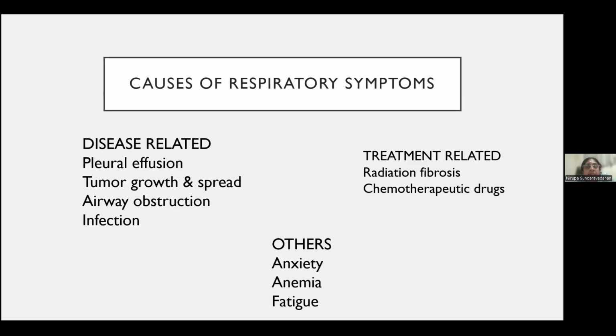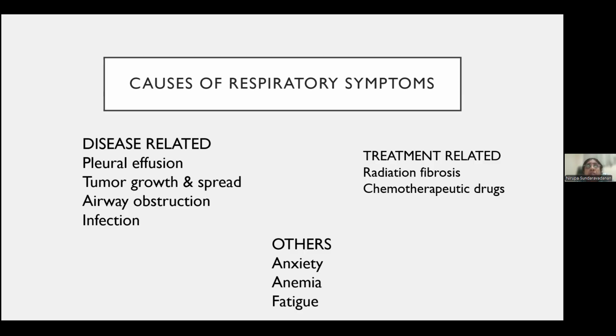So what causes the respiratory symptoms? It could be directly because of the disease, because of treatment, or due to other causes. Now, what are the disease-related causes? One is directly because of the tumor, its growth and spread, or directly because of fibrosis in the lung, where the lung tissue has lost its elasticity. It could be because of airway obstruction, due to airway constriction, or because some tumor has grown and obstructed the airway.